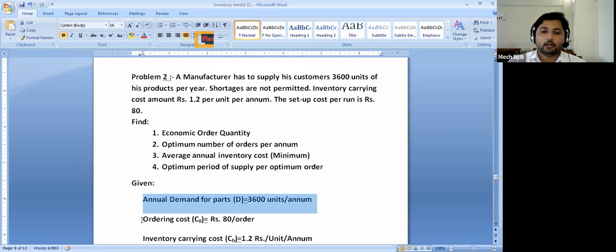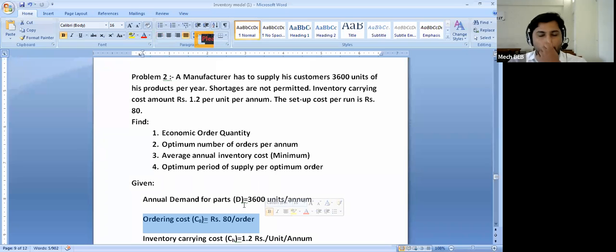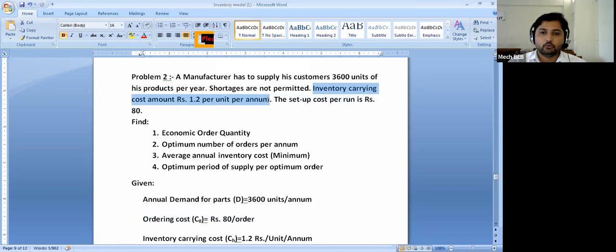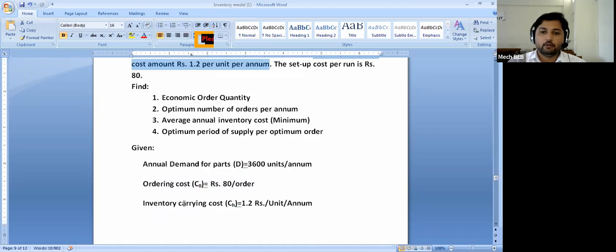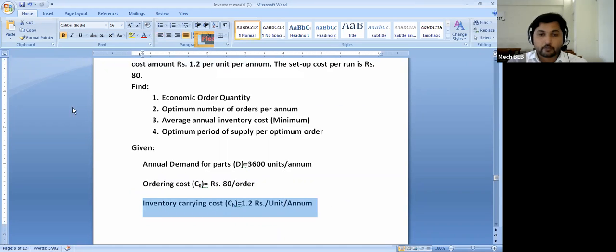Then the ordering cost is provided, rupees 80, denoted as C naught, the ordering cost, which is 80 rupees per order. Then the inventory carrying cost is 1.2 rupees per unit per annum. Now the first unknown is our economic order quantity.